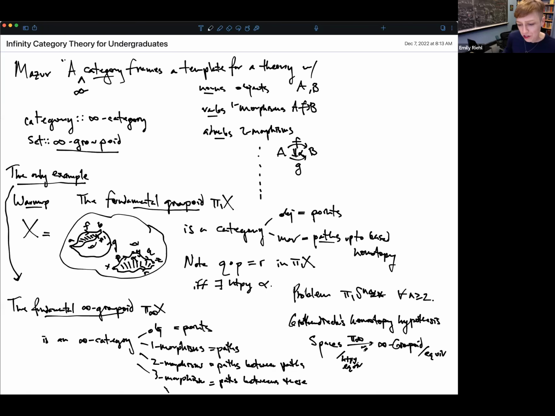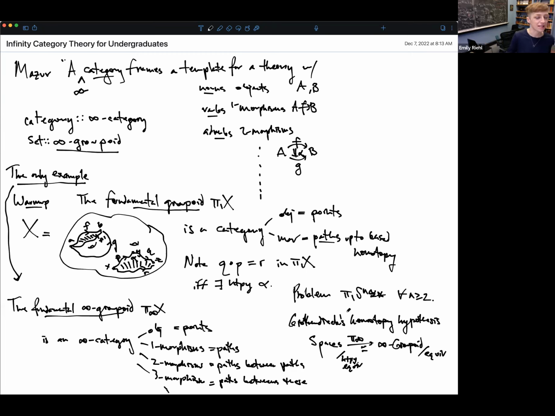I can say something richer, though, which is that this is also an equivalence of infinity categories. That implies the bijection of equivalence classes of objects, but also indicates that there's some sort of higher structure that's respected by this correspondence. In particular, on account of this equivalence, all infinity groupoids arise as fundamental infinity groupoids of some topological space.